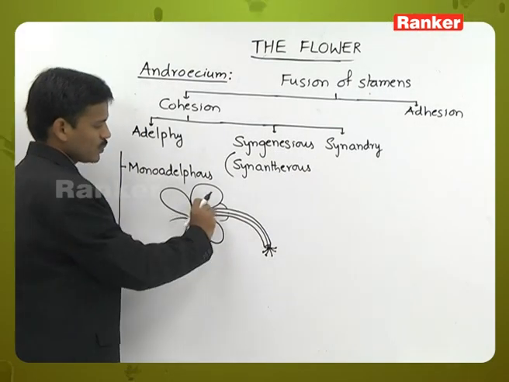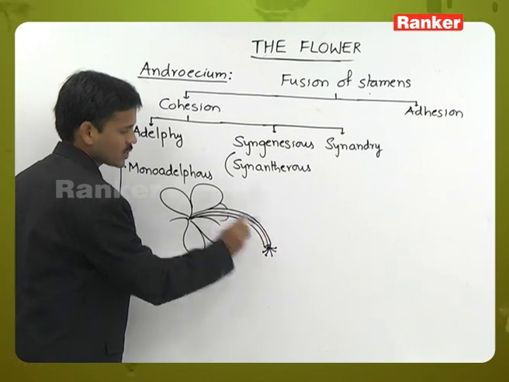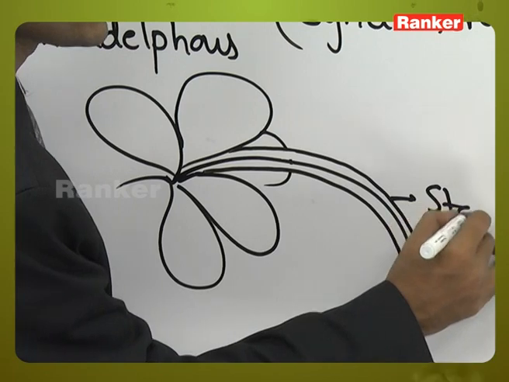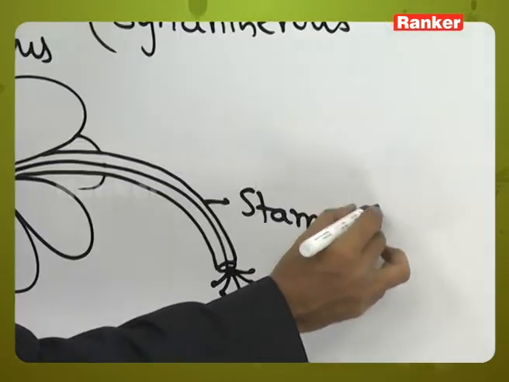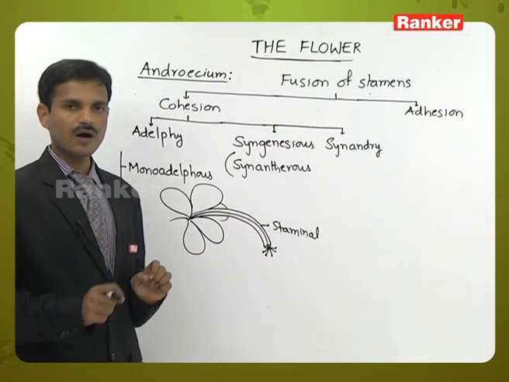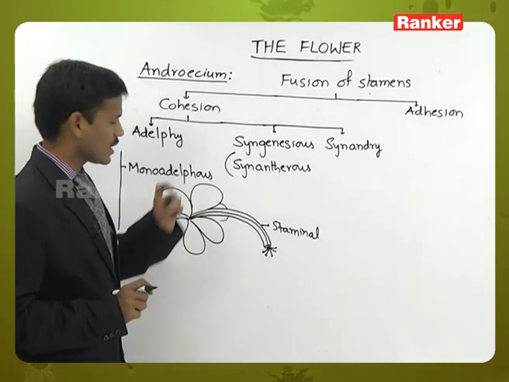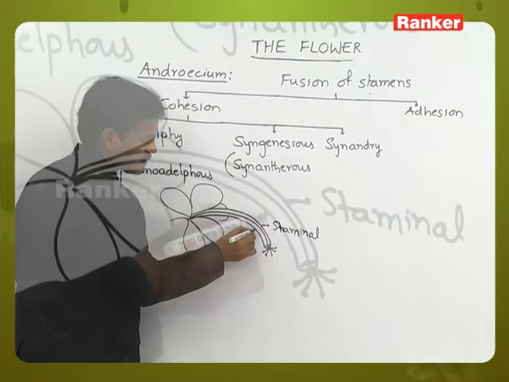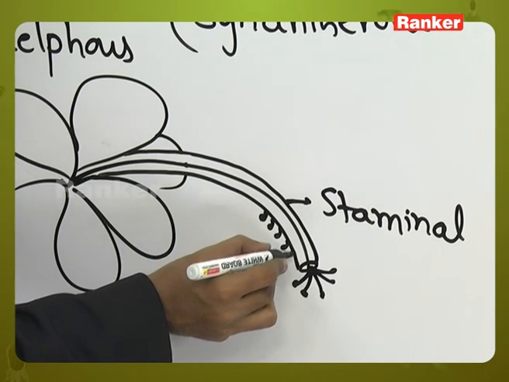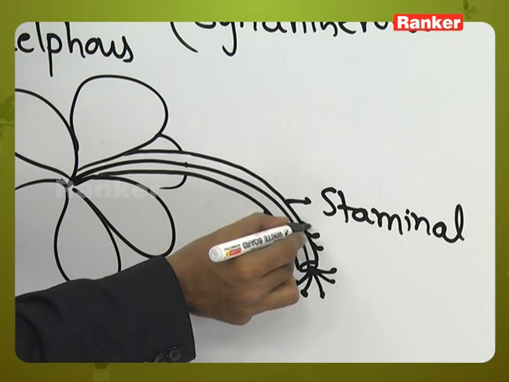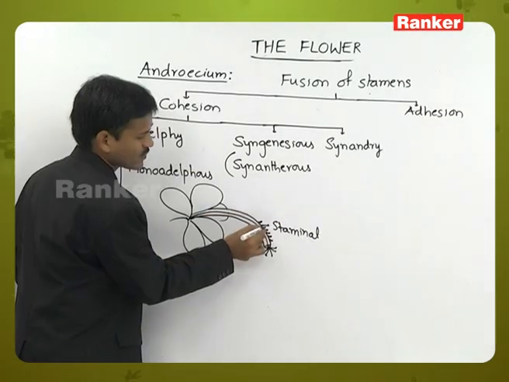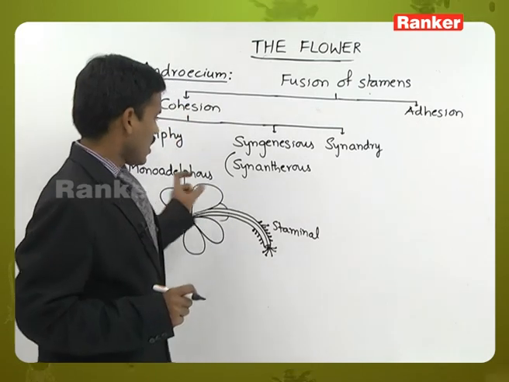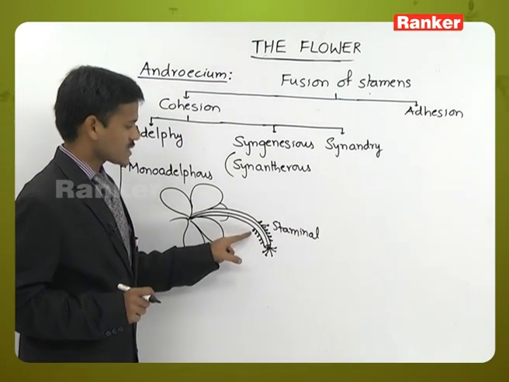This tube-like structure is called the staminal tube. The staminal tube is formed due to the fusion of all filaments, forming a single bundle. The anthers are not fused, the anthers are free. All these are the anthers. So in China rose or hibiscus flower, all the filaments are fused and the anthers are free.